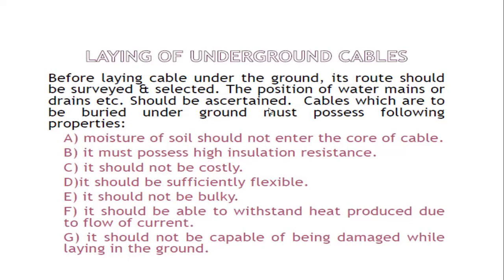In the next class, we will discuss the insulation resistance and capacitance, and how the capacitance will be identified for 3-core cables. That all will be discussed in the next class. Okay, understand?